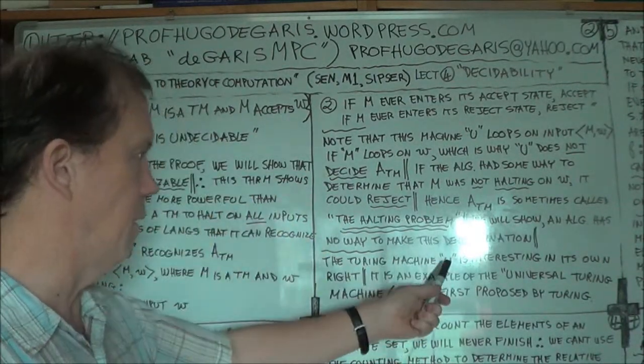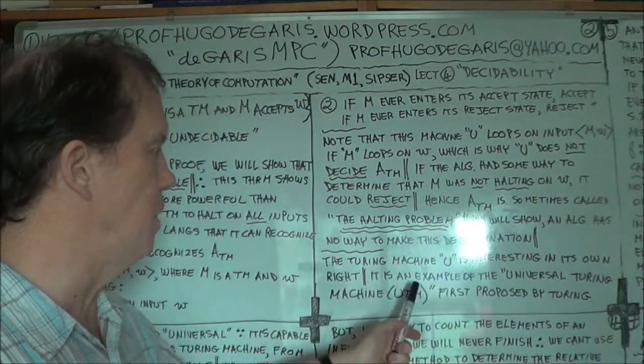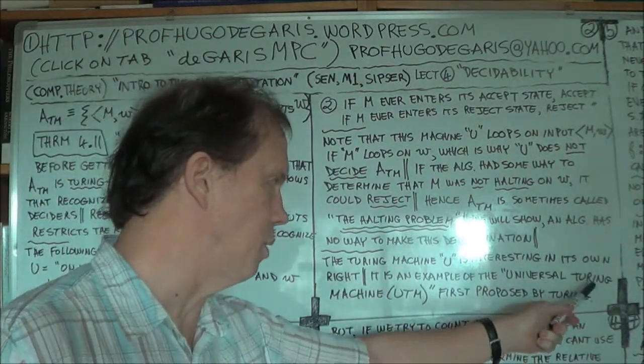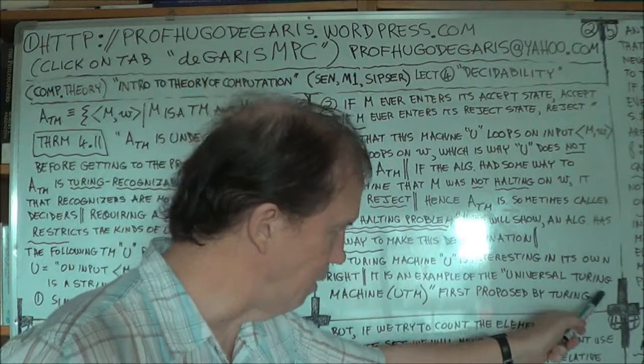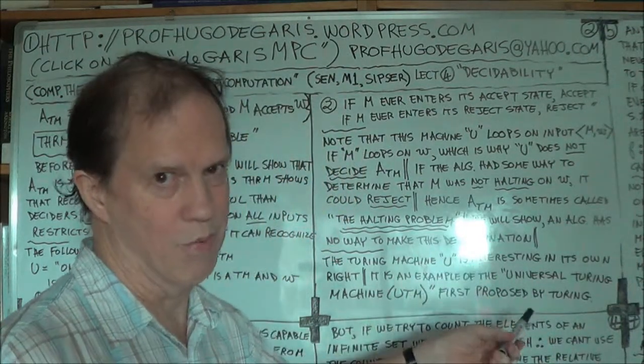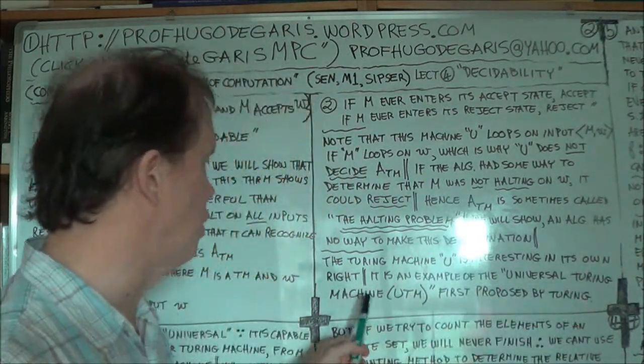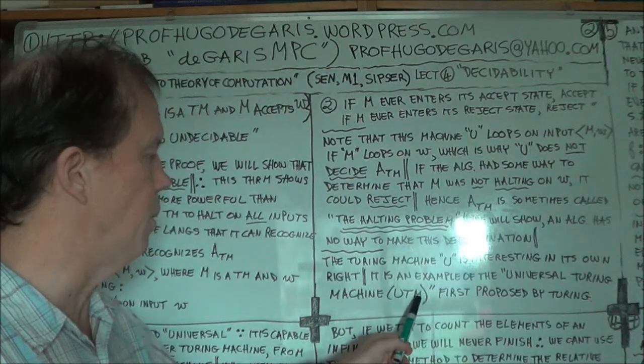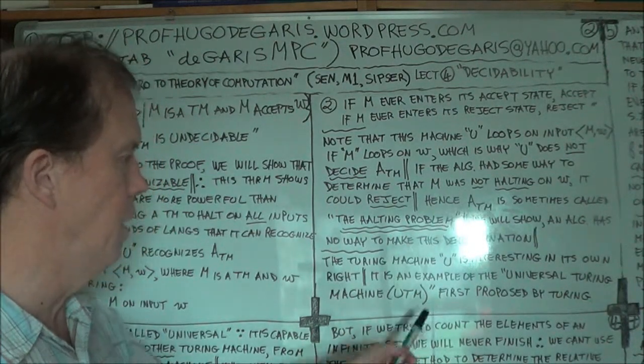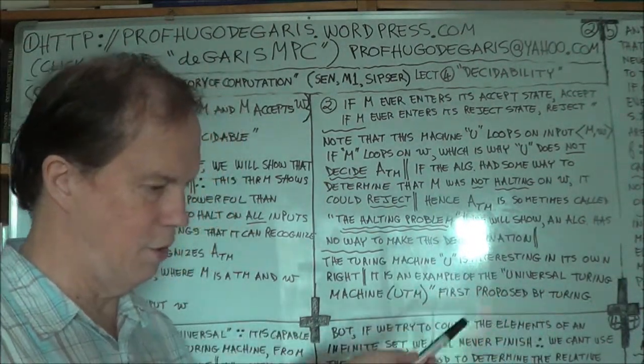Now this Turing machine U is an example of what's now called a universal Turing machine, a UTM. It's a very common abbreviation in theory of computation, and it was first proposed by Turing.